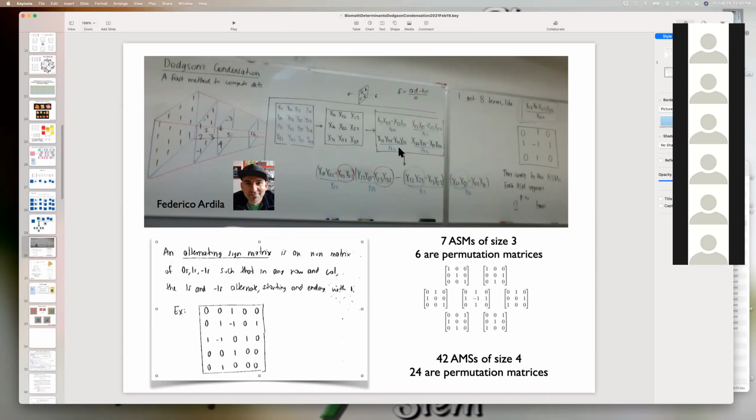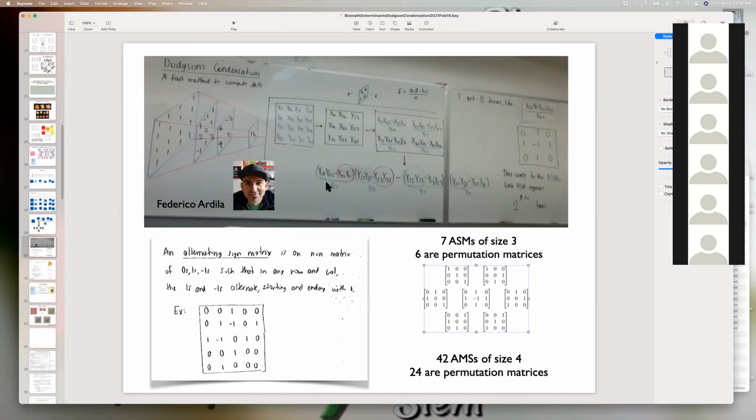And so people about 20 years ago started digging into this, and you can, for example, just on a computer, see that the alternating sign matrices of size 3 are just the normal permutation matrices plus this one in the center that has a -1. And it turns out that in the polynomials that arise here, there are 2 terms that correspond to that alternating sign matrix, and they cancel.